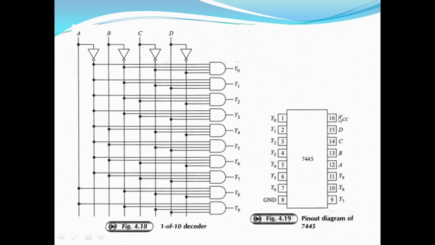Because it is TTL, a completely regulated power supply of plus 5 volt should be applied here. It can tolerate only 0.25 volt plus or minus from plus 5 volt. So be careful whenever you are using a TTL IC, only a plus 5 volt regulated supply should be used.